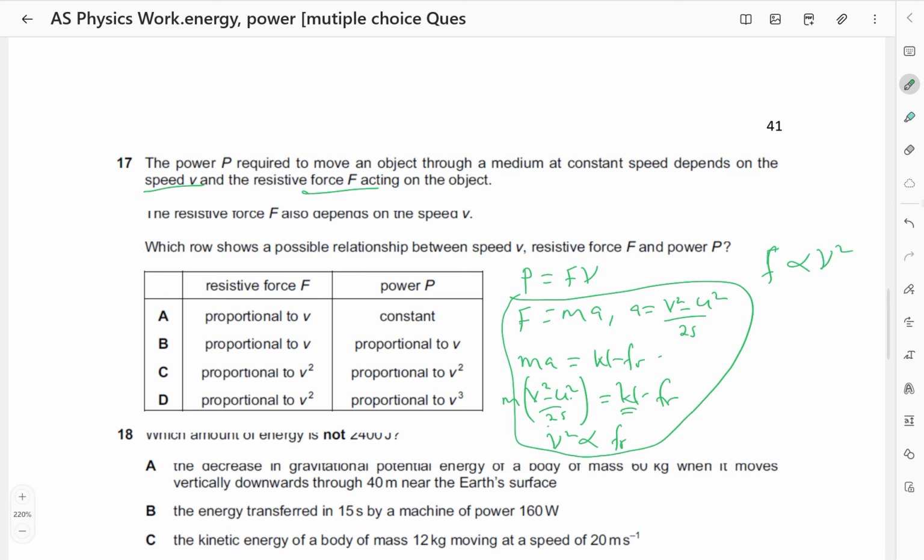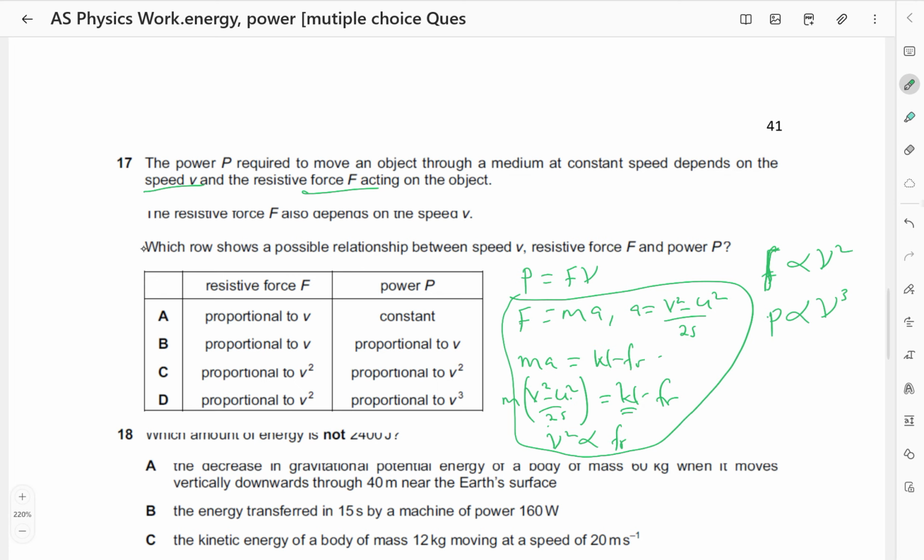The frictional force or resistive force is directly proportional to v squared, but power is equal to F times V. So if I substitute for F, the power is going to be directly proportional to V cubed.